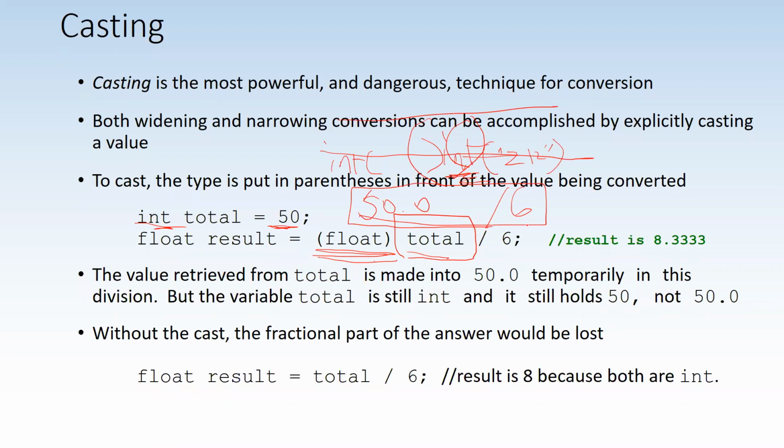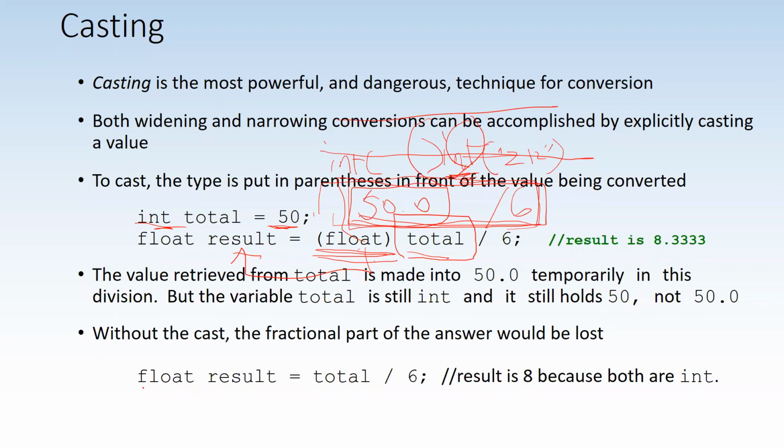What type is the result? Is it an int or a double? A double, because one is a double. Only when both are int, you have a result of int. So now this will give you a double, and you assign it to result.